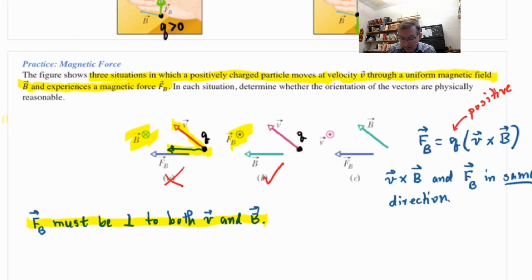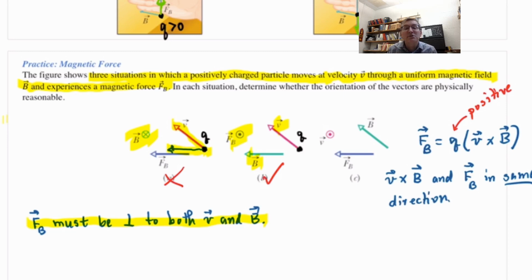And that would then be perpendicular to both V and B, wouldn't it? Furthermore, if you applied the right-hand rule for the V and the B, and took the fingers of your right hand and pushed the V on top of the B, your thumb would point directly out of the screen towards you. And for a positively charged particle, that would be the direction of F magnetic. So that picture completely satisfies the right-hand rule.